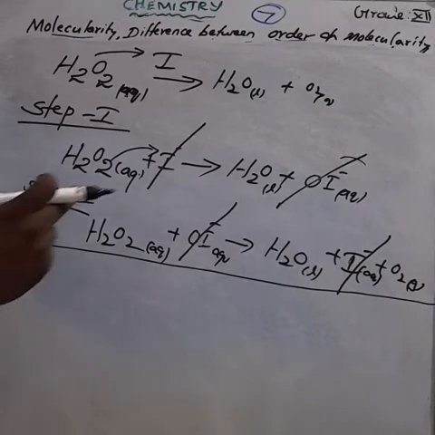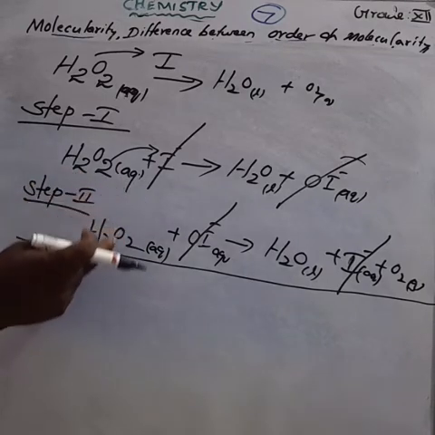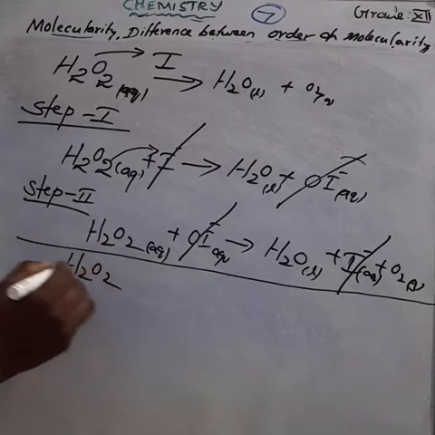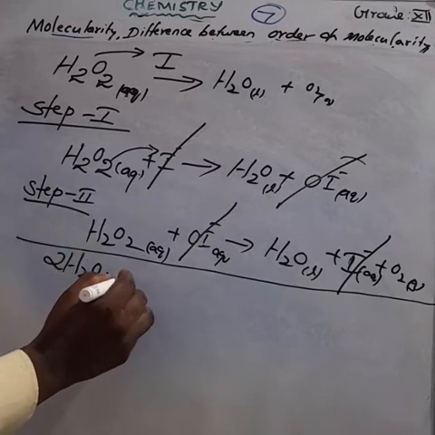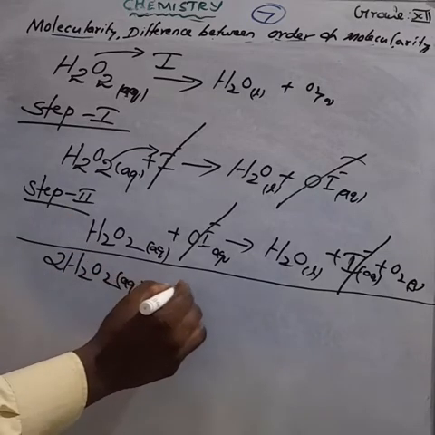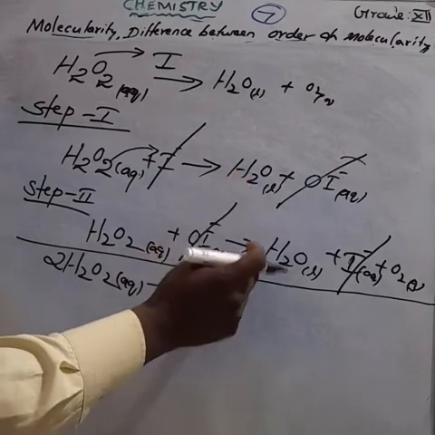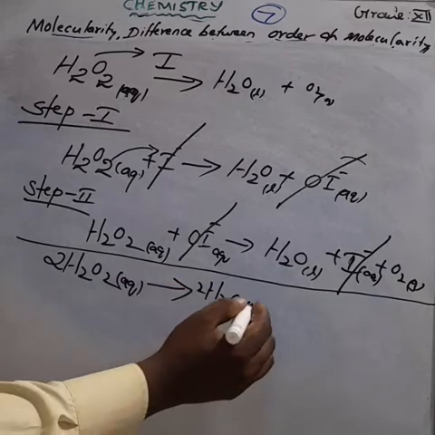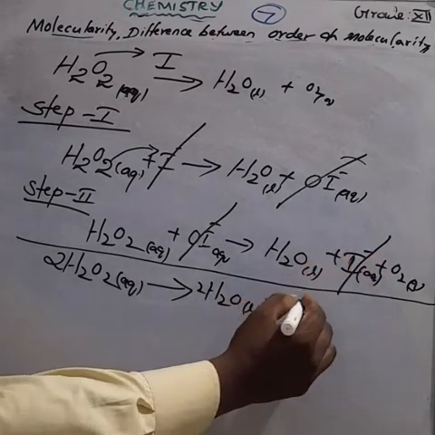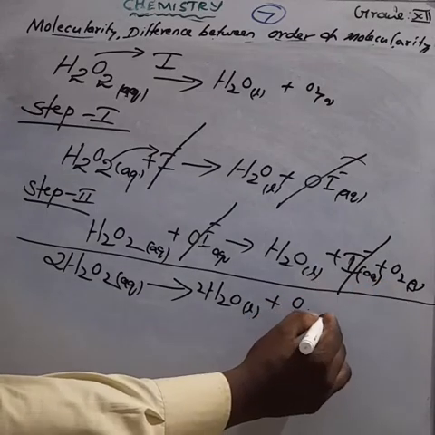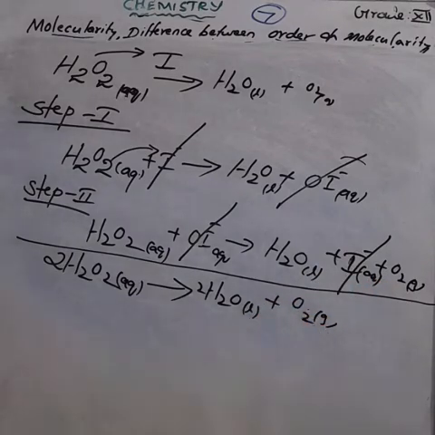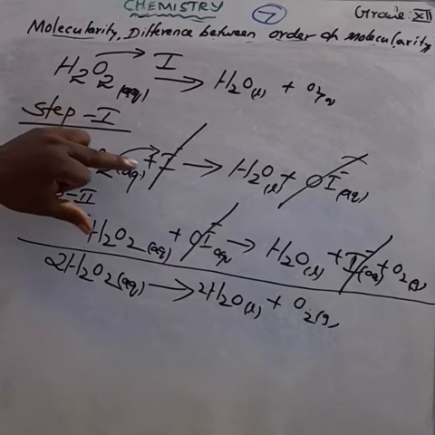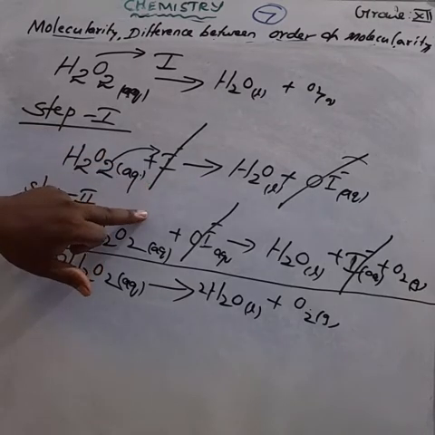So what remains? Both steps have hydrogen peroxide, that is 2 moles of hydrogen peroxide, 2H2O2 in aqueous medium, which gives water from the first and second equations, that is 2 moles of water, H2O liquid, plus the remaining oxygen gas. So these two reactions are elementary reactions. I am just adding the first one and the second, that is step 1 and step 2.